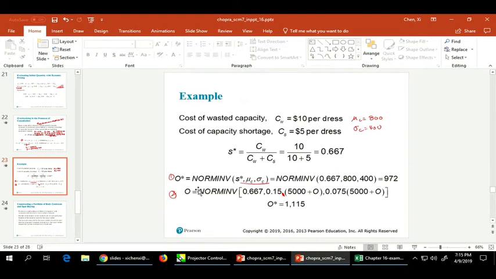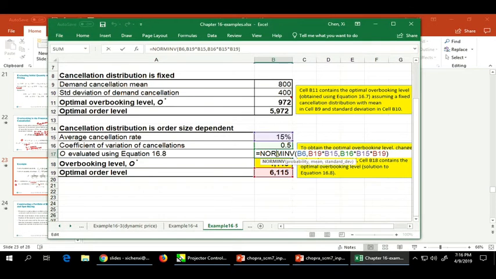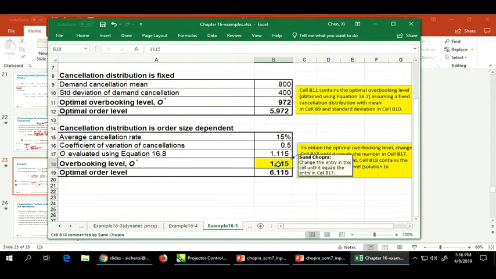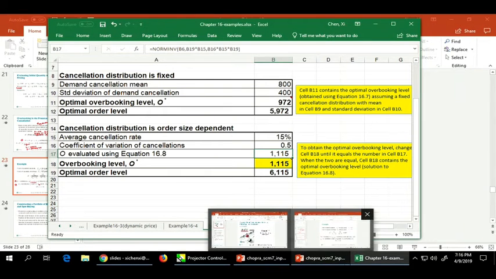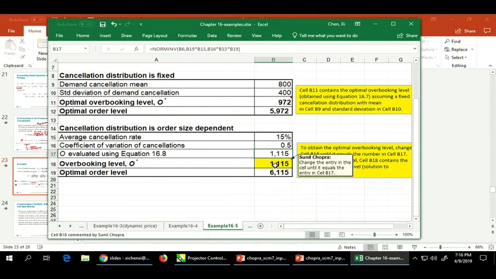And we use one cell to calculate this function, which is here, and it is a function of the overbooking level by itself. So we need to make sure that this cell and this cell are identical. So this is done by trial and error. You put in different values and narrow down to eventually a value where these two are very close.